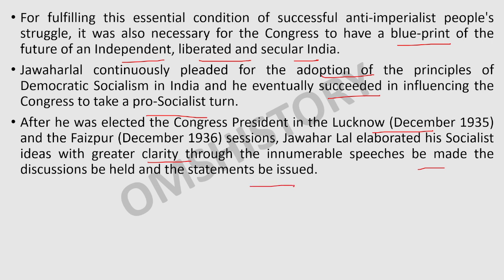So basically, this Lucknow speech given by Jawaharlal Nehru created a background for a manifesto which was called the Bombay Manifesto, which came out in 1936.